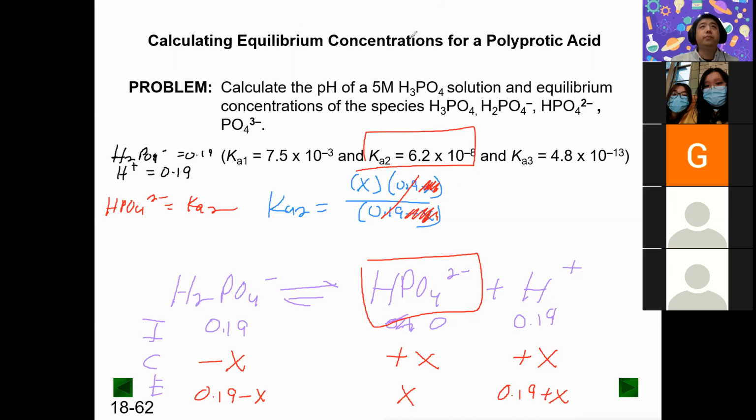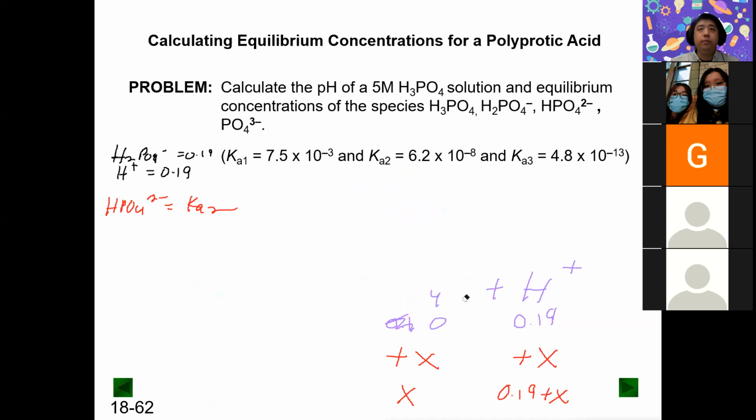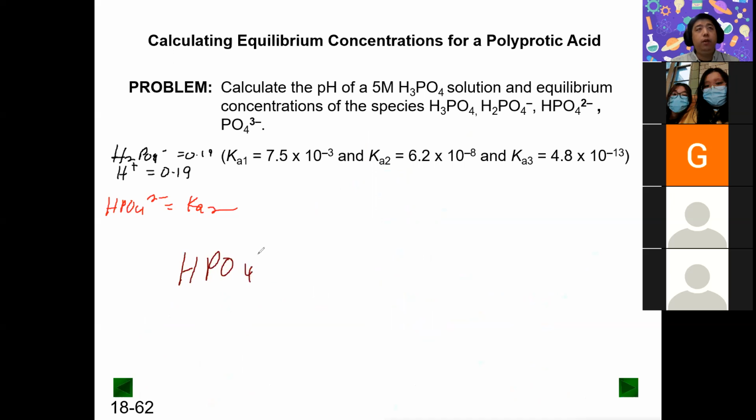Okay. So I'm going to go ahead and erase this and then clear out the ice table that I have on the bottom here. Okay, let's do one last one. Let's go ahead and take a look at my Ka3. So here I have HPO4 2 minus, and that changes into H plus and PO4 3 minus.